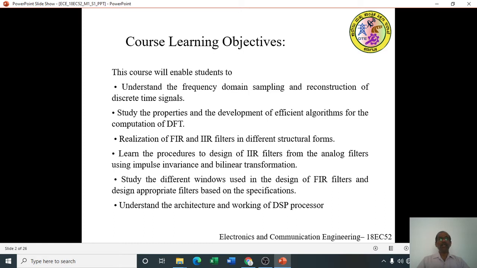Next, we will try to implement this on DSP processors. That is, we learn some of the DSP architectures in our module 5.